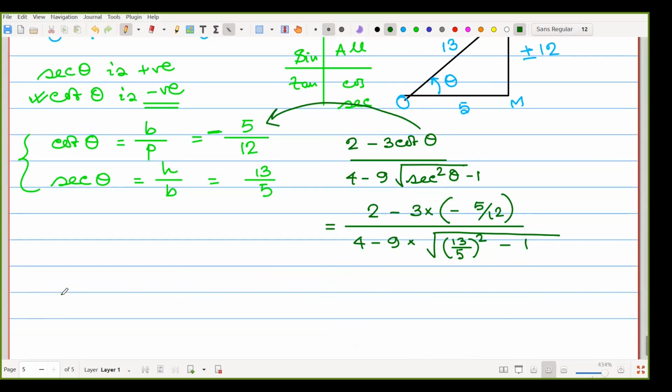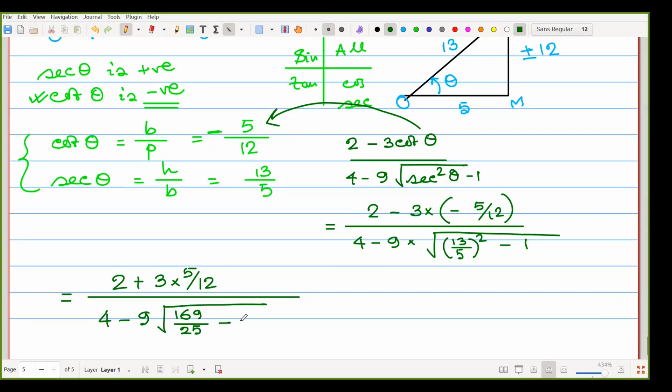Simply put the values, that is 2 minus 3 into plus 5 by 12, and that is 4 minus 9 square root of 169 by 25 minus 1, or that is 2 plus 15 by 12, over 4 minus 9 into, that must be 144 divided by 25.